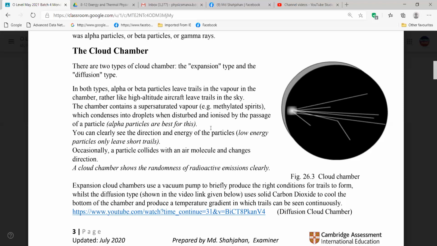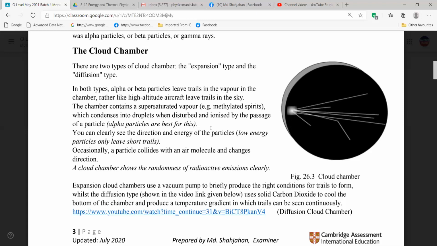Expansion cloud chambers use a vacuum pump to briefly produce the right condition for a trail to form, while the diffusion type shown in the video link below uses solid carbon dioxide to cool the bottom of the chamber and produce a temperature gradient, so the trail can be seen continuously.